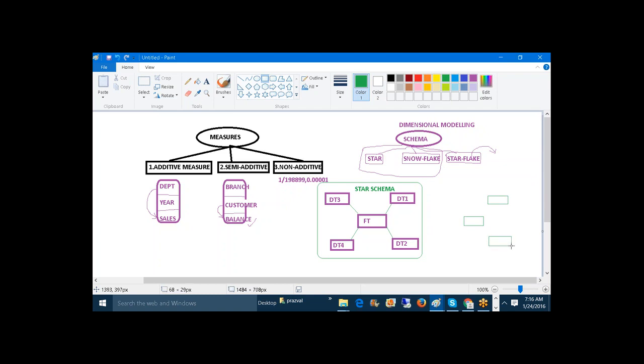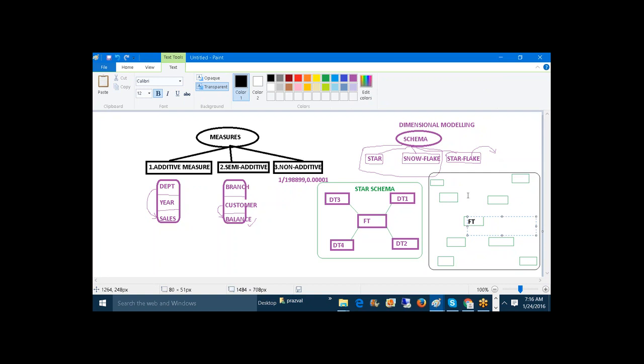We still have one centralized fact table, FT.